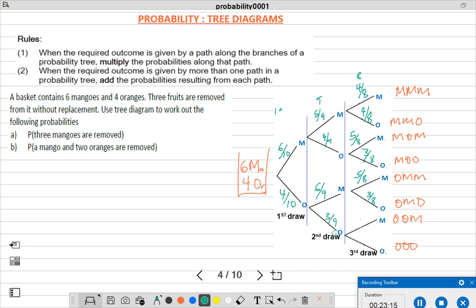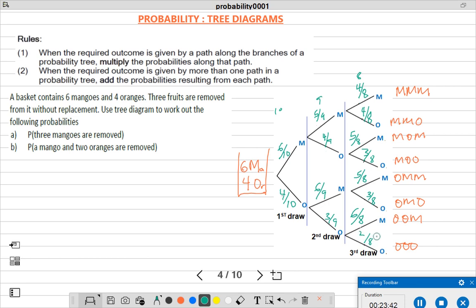That means you are left with 2 oranges. But mangoes, you haven't removed any. Then for the third one to be a mango, you still have the 6 mangoes out of 8. Let us find out. 4 oranges. You remove the first one orange and the second one orange. Those are 2 oranges removed, remaining with 2. Definitely you have 2 out of 8.